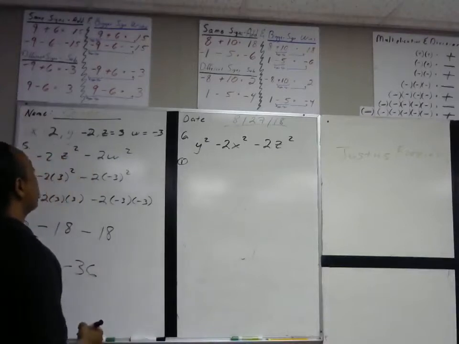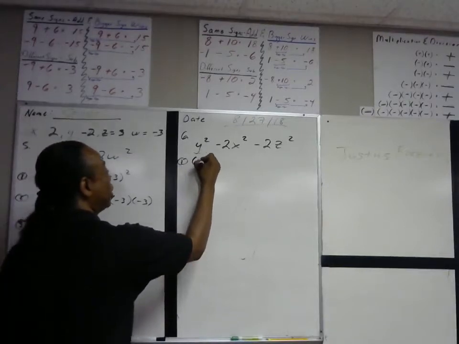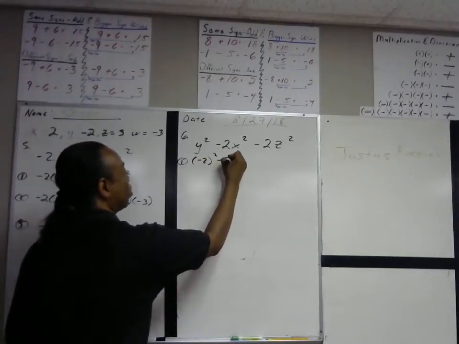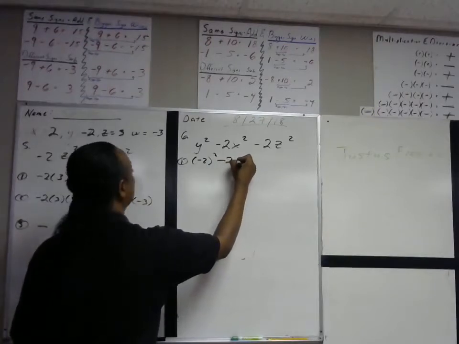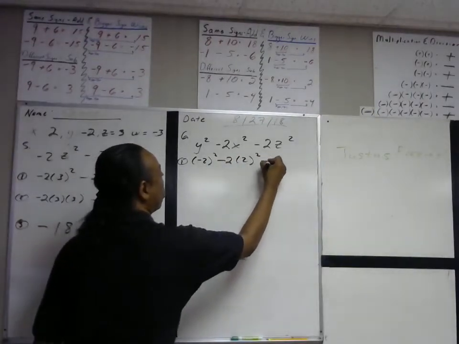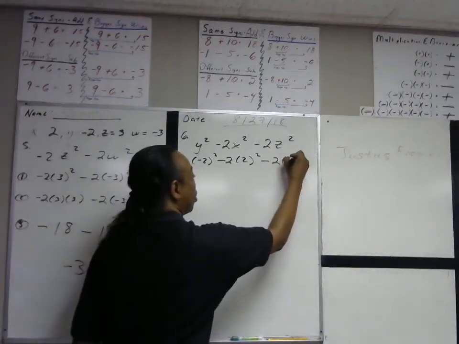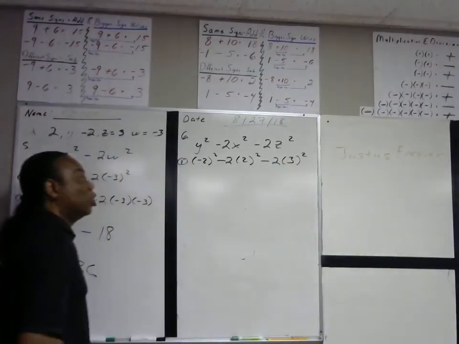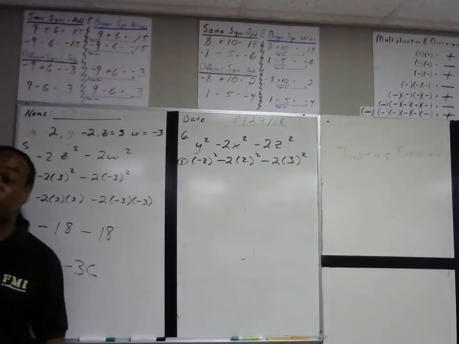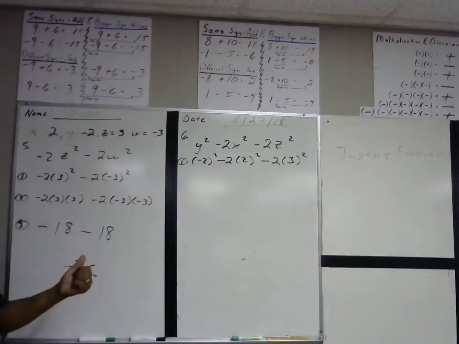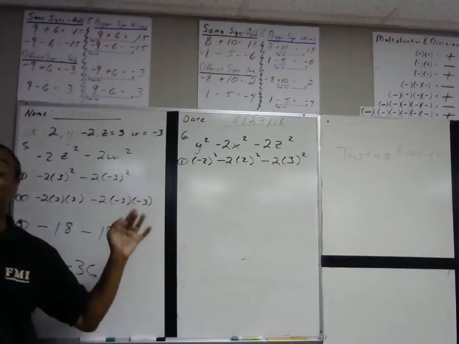Step 1. Y becomes parentheses negative 2 to the second power. X becomes 2 to the second power. And z becomes 3 to the second power. So that's your substitution step. Put in the negative 2, put in the positive 2, and put in the positive 3.